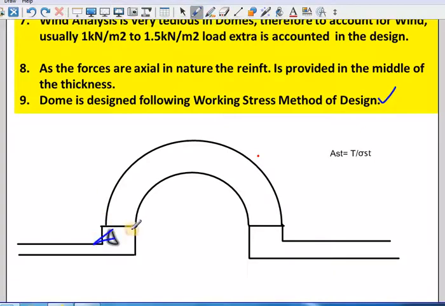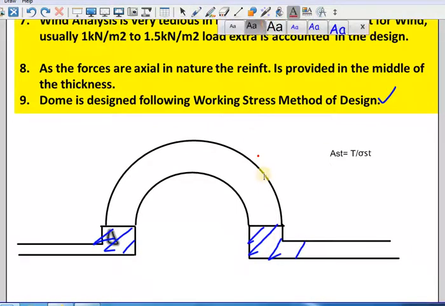Like this. So this is the beam. It's called ring beams.